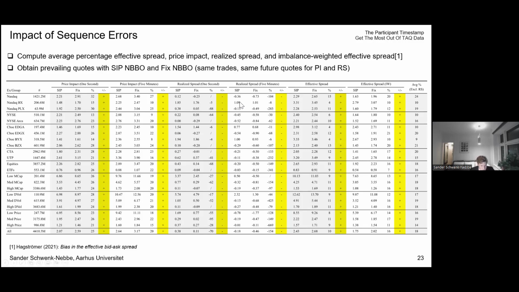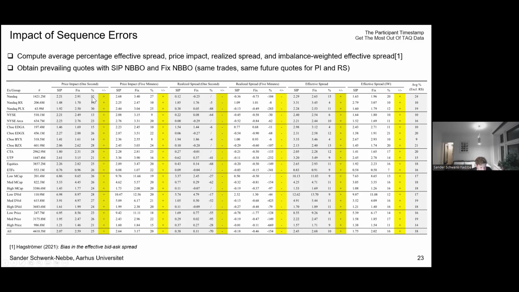But let's just first use the SIP NBBO and the fix NBBO and compute the price impact at 1 second and 5 minutes, and the realized spread, again 1 second and 5 minutes, and the effective spread, and then the imbalance weighted effective spread from Hagström. We just compare the measures using prevailing quotes obtained by fix NBBO to the measures we get when we use SIP NBBO.